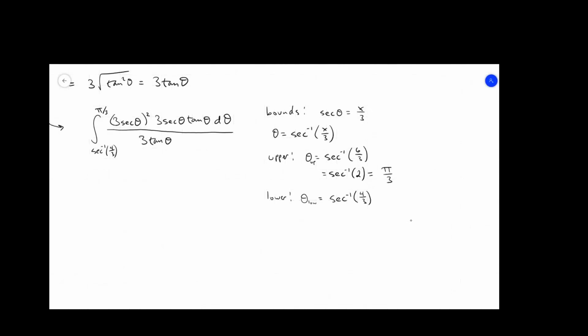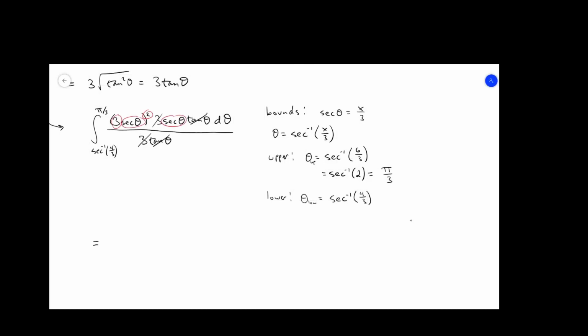Okay, with me so far? See what you can cancel here. All that stuff's going to cancel. Now look at the integral that we have left after all of this. We've got this 3 squared, that's going to be a 9, so we can take that out. Then there's a secant there, it's also squared, and there's another secant right there.